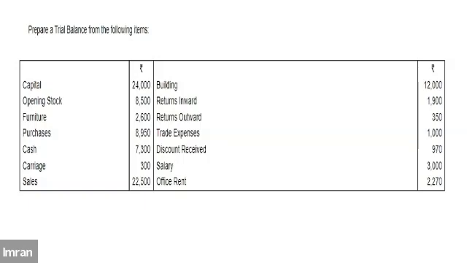Various balances are given for different accounts: capital account, opening stock, furniture, purchases, cash, carriage, sales, building, return inward, return outward, trade expenses, discount received, salary, office rent. Considering all these items, we need to prepare the trial balance for this particular question.